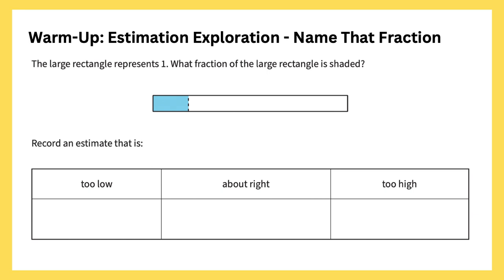So let's go ahead and make a guess that is, let's go too low. Let's make sure we got a pen that you can see. I'm going to write 1/100th. I know that 1/100th is too low because the shaded portion is too big to be there.